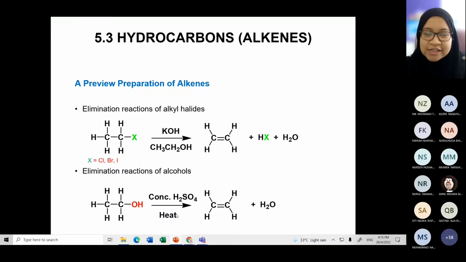This is the condition that you have to be aware of. What will happen is that this OH, and also this hydrogen from the adjacent carbon, will be removed from the molecule, and therefore the double bond will be formed. So that is how you can prepare alkenes.